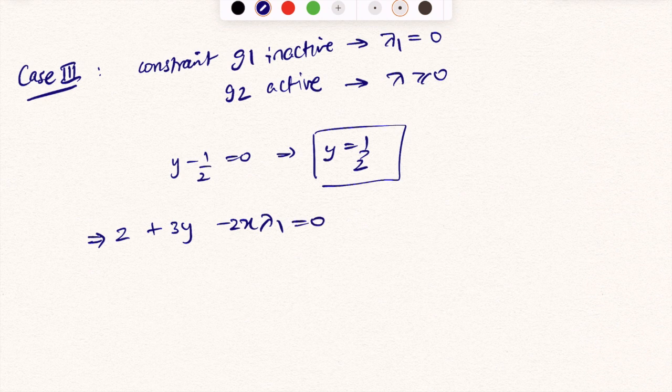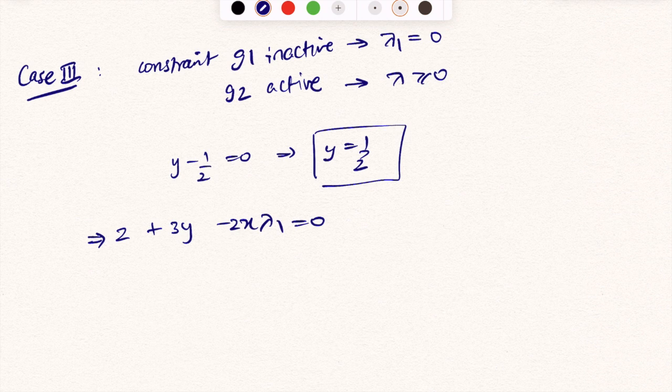And now, of course, you might be wondering throughout this question, why am I choosing specific equations? The simple answer is that I'm trying to find equations that will help me achieve my goal of finding values of x, y, lambda 1 and lambda 2 that help me solve this question.